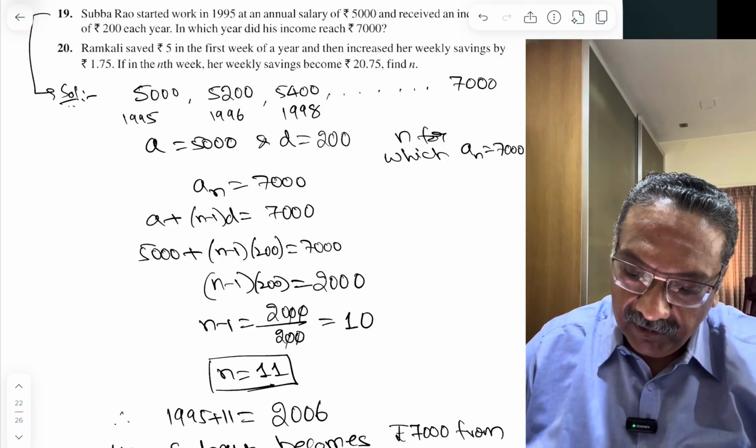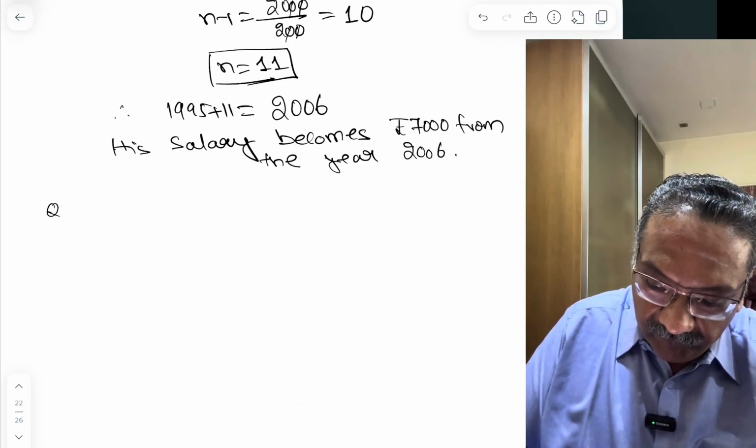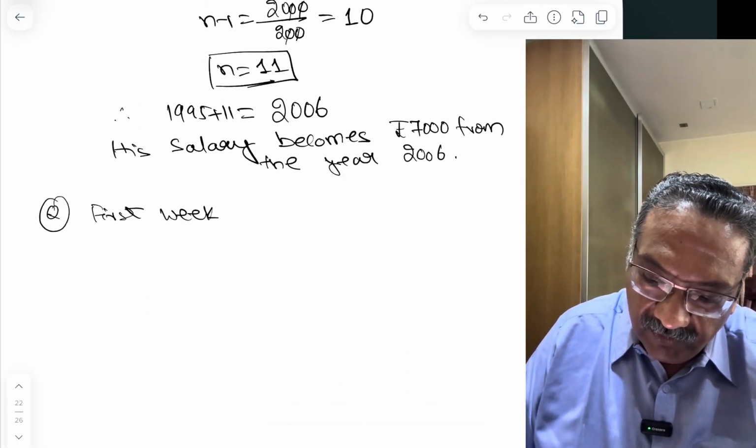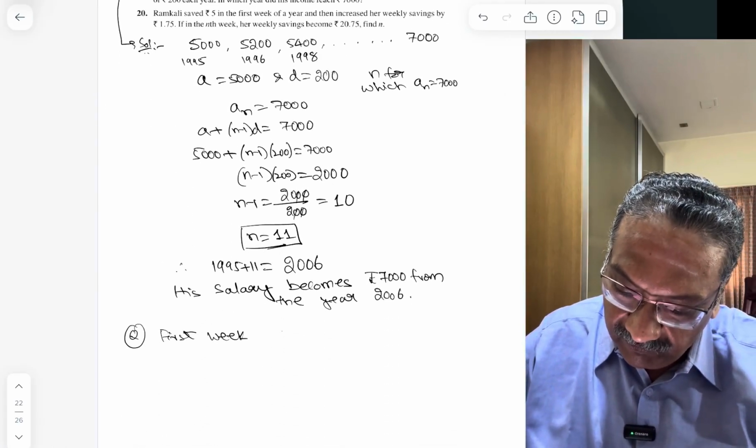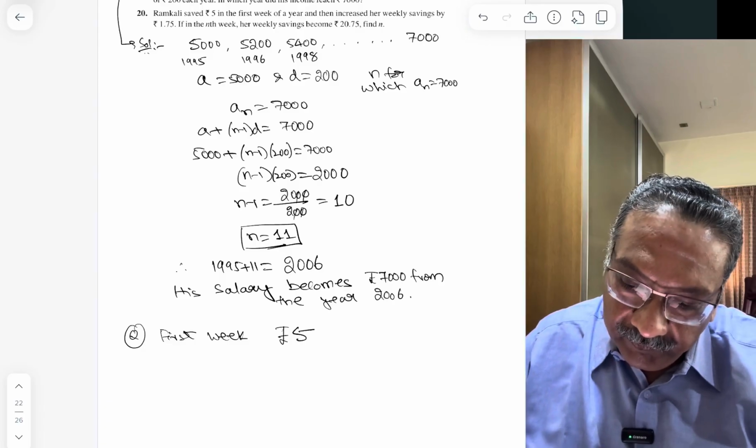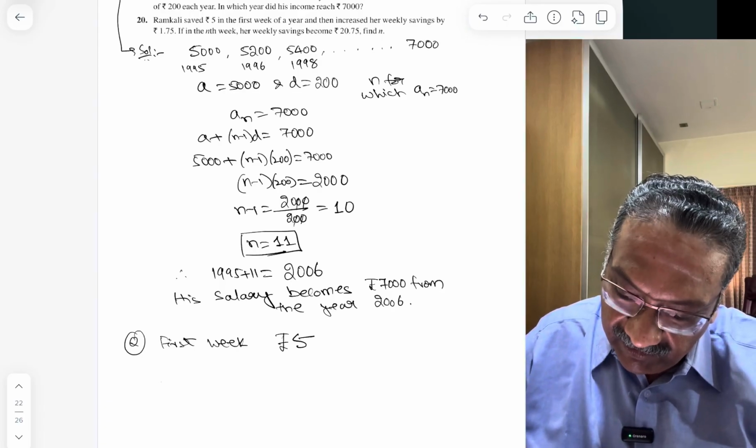This is simple. So in the first week, Ramkali saved rupees 5 and then increased. In the second week, what happened?